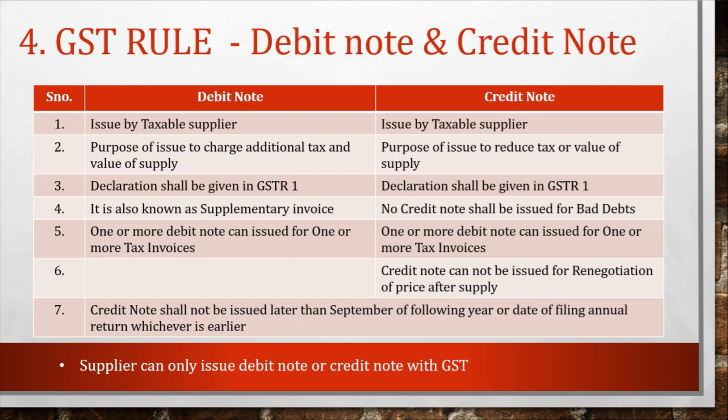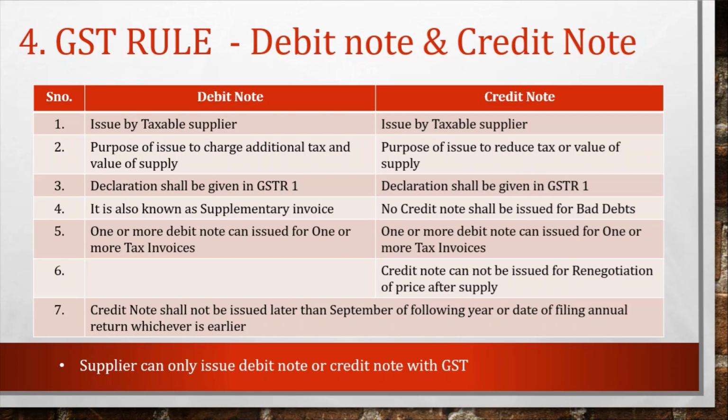Okay, the seventh point is very important: a credit note shall not be issued after the September month of the following financial year, for transactions of the previous financial year, or the date of filing the annual return, whichever is earlier. Suppose a transaction happened in 2017-18 and you forgot to issue a credit note, and you realize this in October 2018-19. In that case you cannot issue the credit note. This is a very important point.